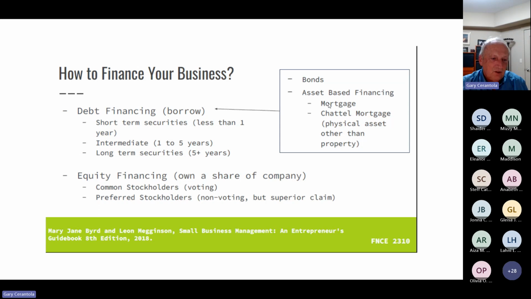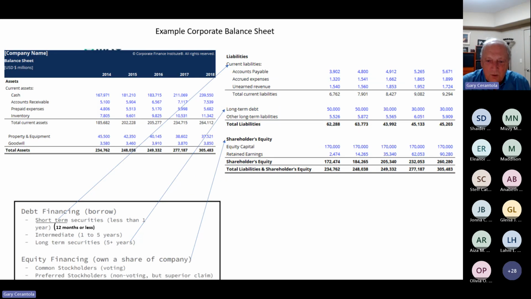So sometimes you may have to take a chattel out along with this mortgage, because maybe the building is a little bit in ill repair, and they'll say, well, you know what, you've got a $100,000 RV parked in your driveway that's clear title, and we will hook up to that through a chattel, so that if you don't pay us back your loan, not only will we liquidate your building, but we get a hold of your RV and we can sell that to cover our losses. Okay, so that's how that works. So here's, with the short-term securities, that goes into current liabilities on a balance sheet, right?